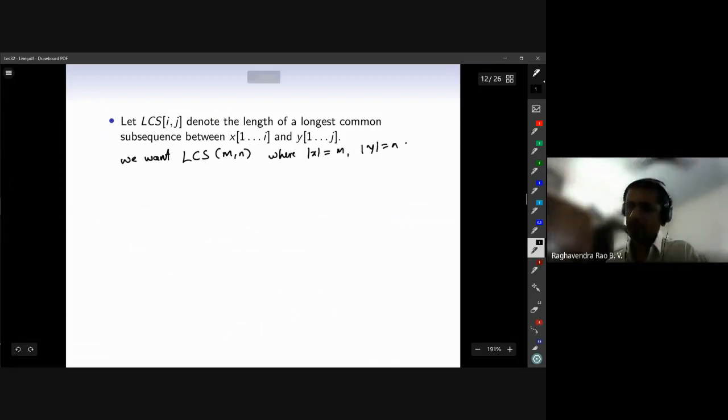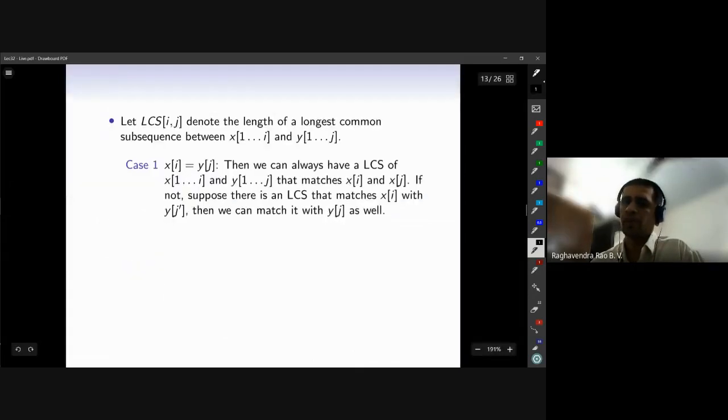This is what we want to compute. A natural way is to look at the last character in both strings. Either they are equal or not equal, so accordingly we split into two cases.